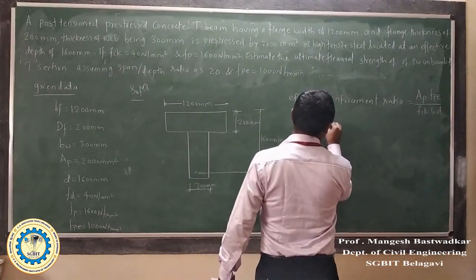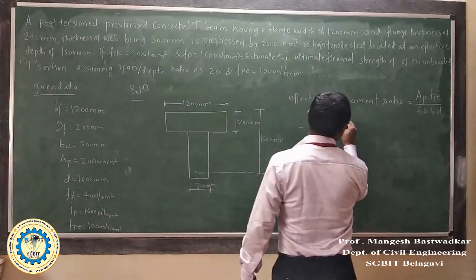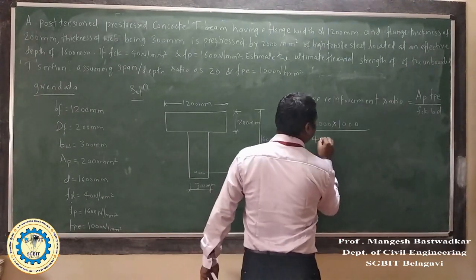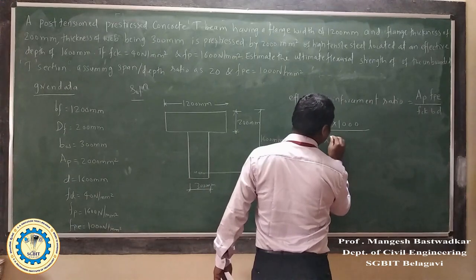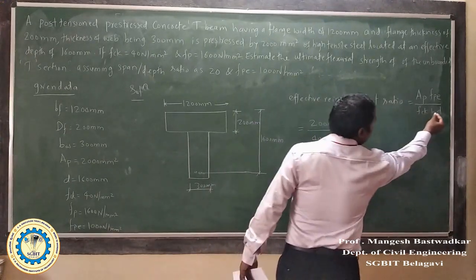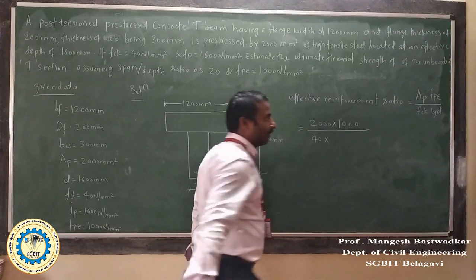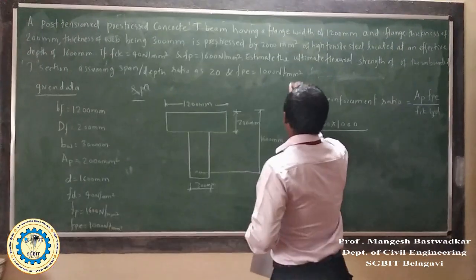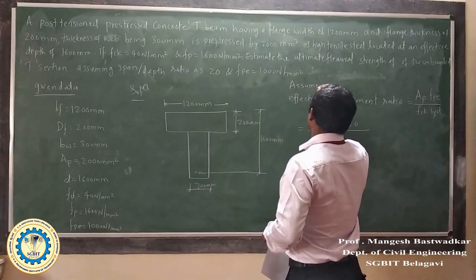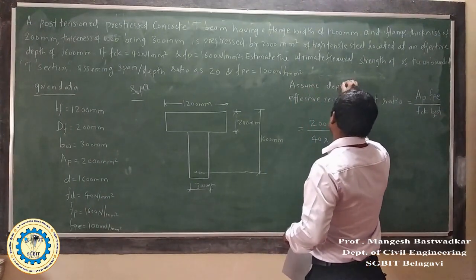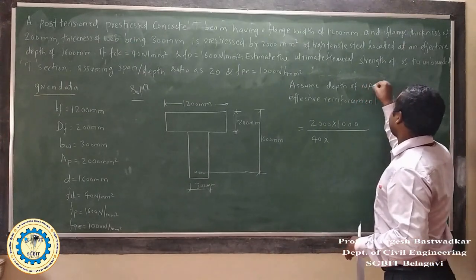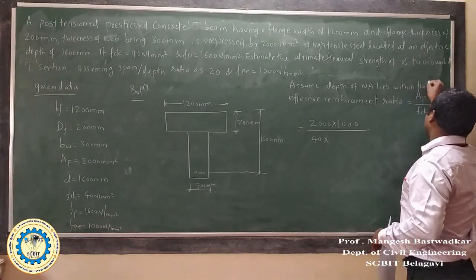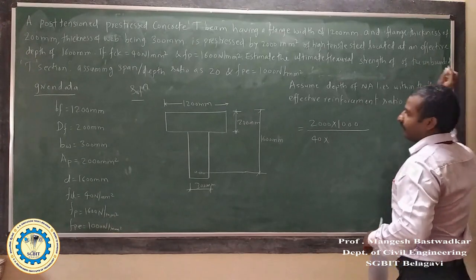AP is 2000 mm square, then FP is 1000 Newton per mm square, divided by FCK is 40. Then B is width of the flange. We have to consider width of the flange because we first assume the depth of neutral axis lies within the flange.